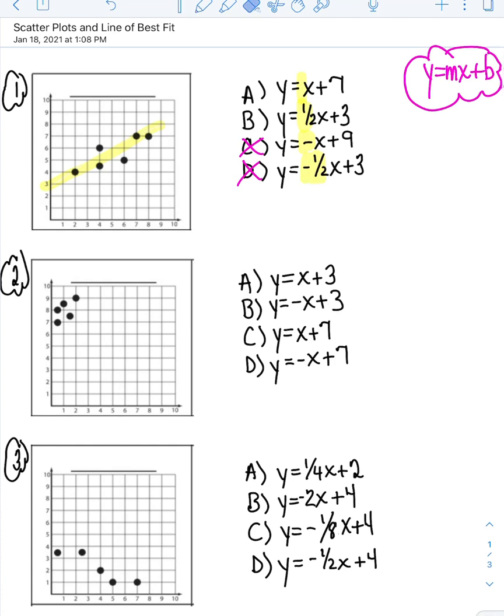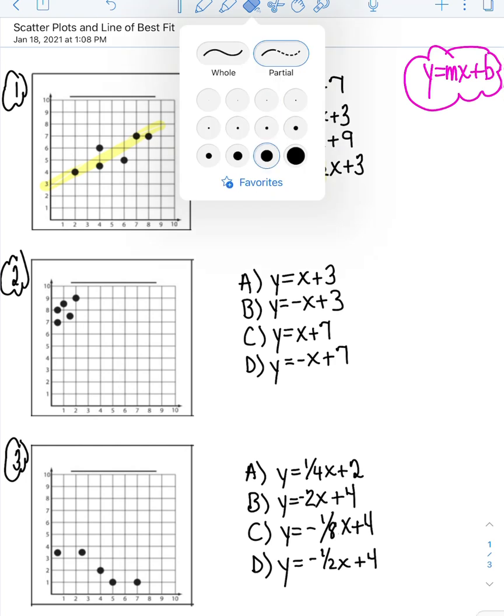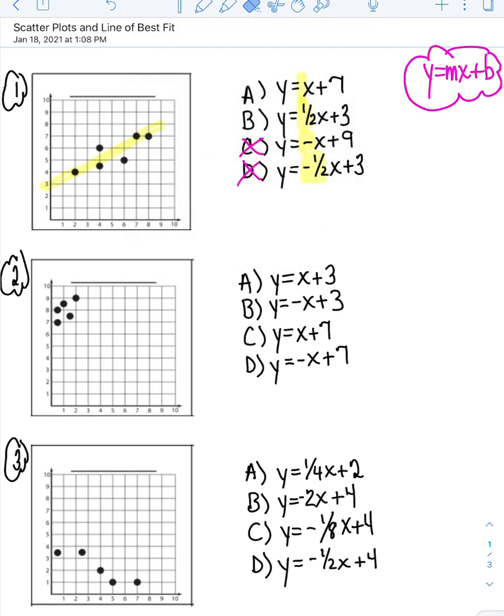Next, I want to take a look and actually find or plot these lines to see which of these would match up best with our scatter plots. So let's look at A. Remember I want to write my equation, y equals mx plus b, if you need to.